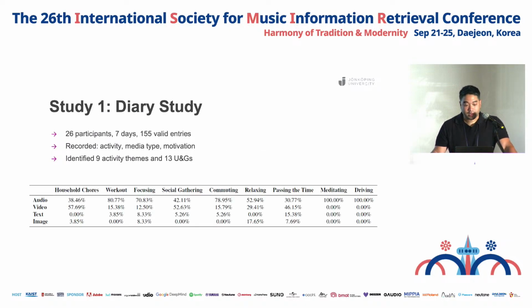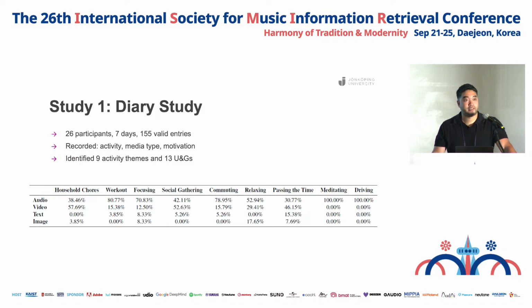To answer our research questions, we conducted two different studies. The first study was a diary study in which we asked 26 participants over the course of a week to report back to us every time they were listening to music, what the context was that they were in, and what kind of multimedia content they were utilizing.